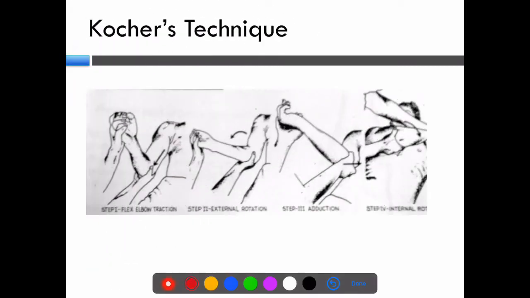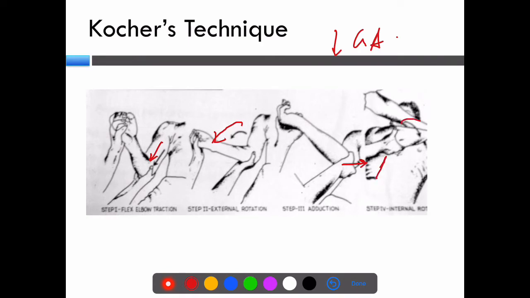The method we commonly do is Kocher's method. It's generally under general anesthesia or some sedation. We give gentle traction to the shoulder. We gradually externally rotate the shoulder, then gradually bring the arm near the midline of the body.